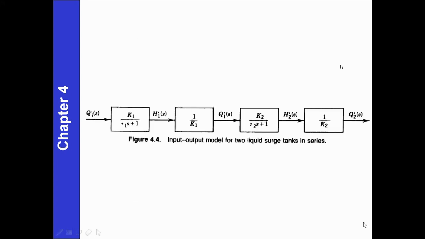The input-output model for these two liquid surge tanks in series is: Q dash(s) goes through K1 over tau 1 s plus 1 to H1 dash(s), then 1 over K1 times Q1 dash(s) goes through K2 over tau 2 s plus 1 to H2 dash(s), then 1 over K2 gives Q2 dash(s). This is the input-output model for the two liquid surge tanks in series.